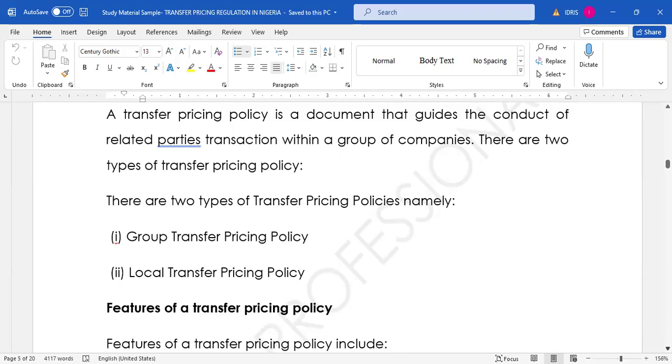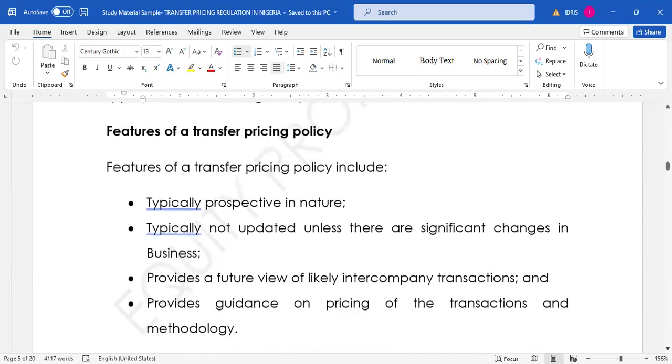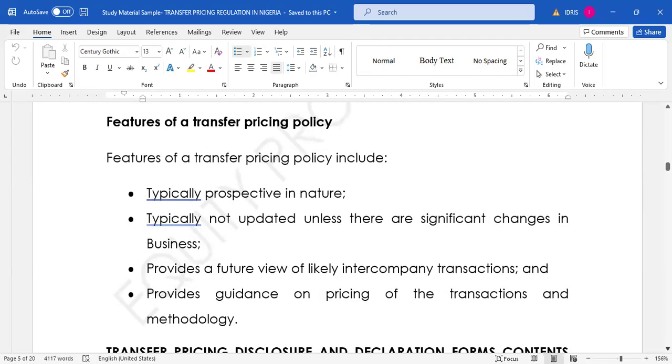Features of transfer pricing. What are the features of transfer pricing policy that we have? Number one, they are typically prospective in nature.